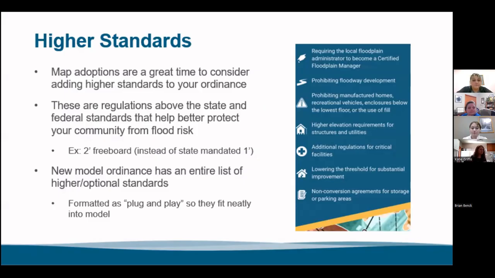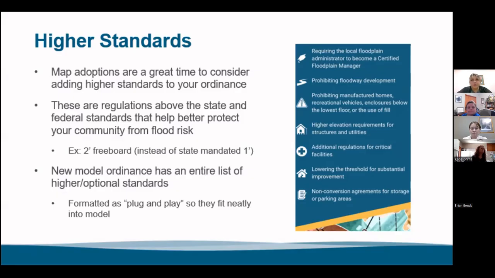So these are regulations that go above and beyond state and federal minimum standards, and they're just better practices to help protect your community from flood risk. This includes, for example, a 2-foot freeboard instead of the state minimum standard, which is a 1-foot freeboard.